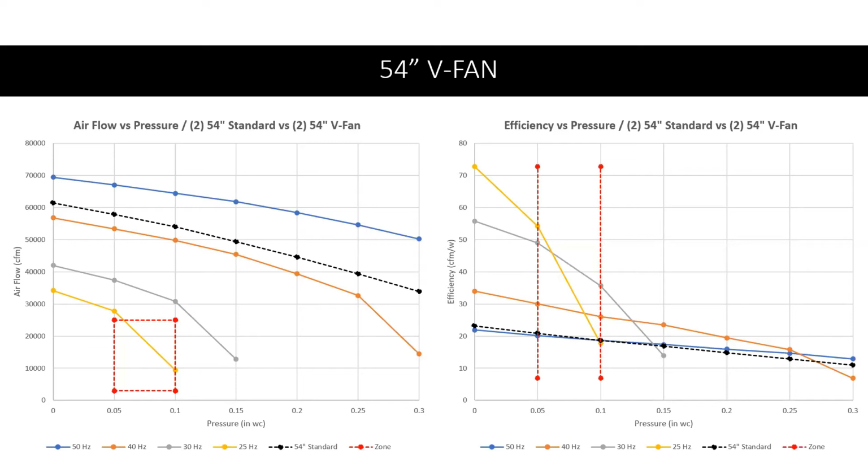At lower speeds on the 54-inch fan, if you look on the left-hand chart at the yellow line, we must be a little careful when applying the 54 with the larger diameter. It is more susceptible at low speeds to a drop-off in static, so it is something to be aware of at the lowest 25 hertz. But you can see even moving up to that gray line at 30 hertz, it's much better under static.